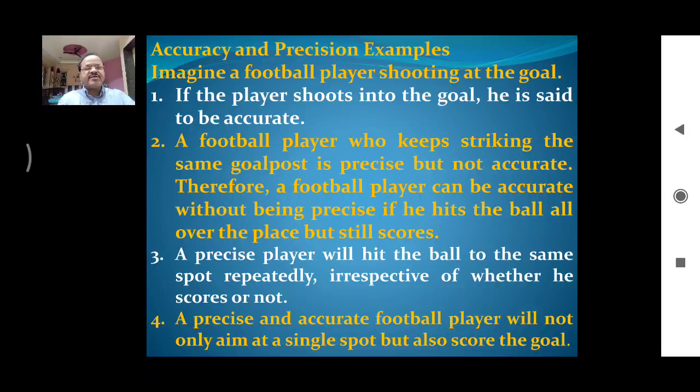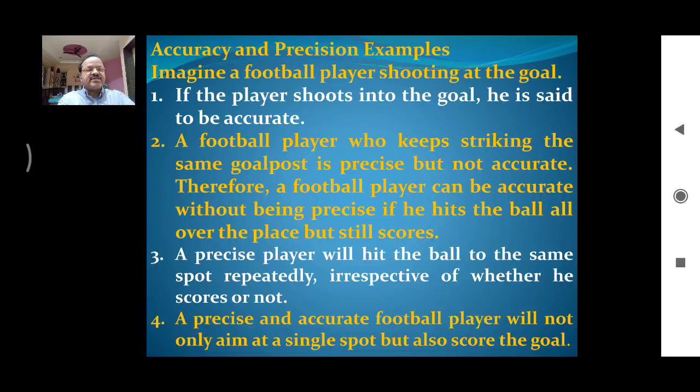Now, what is the meaning of this? In the first case, the football player is shooting the ball in the goal, therefore he will be considered accurate. In the second case, a football player who keeps striking the same goal post is precise. He is striking the ball in the same goal post. He is precise but not accurate.